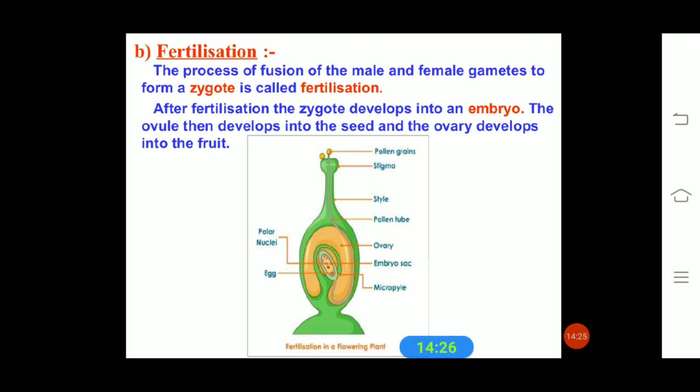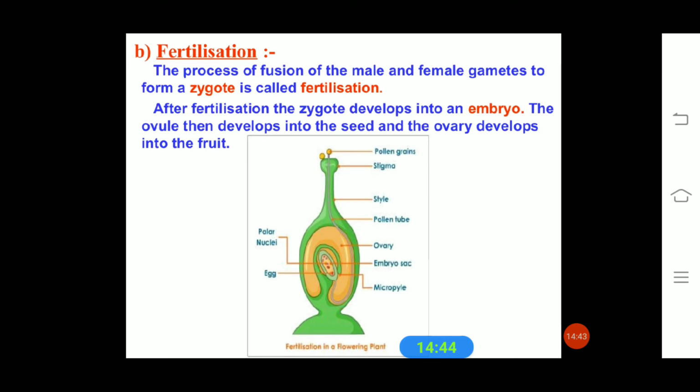So what is meant by fertilization here? It is the process of fusion of the male and female gamete to form a zygote. That formation of a zygote is called fertilization.